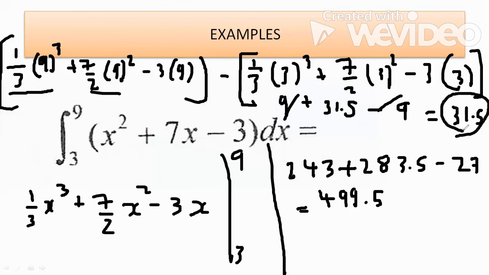All right, so everything on this right hand here is 31.5. So we're going to subtract 499.5, subtract 31.5. All right, and that will give us our answer. Answer is 468.